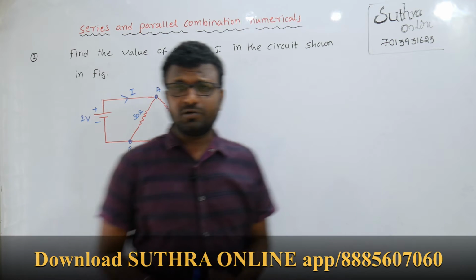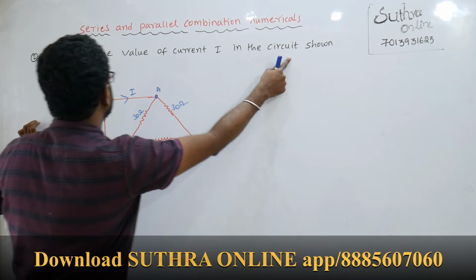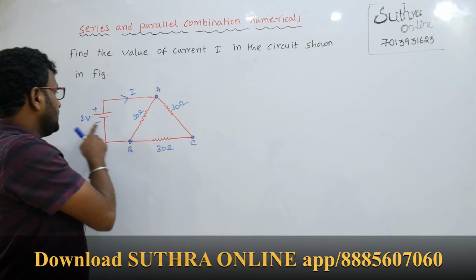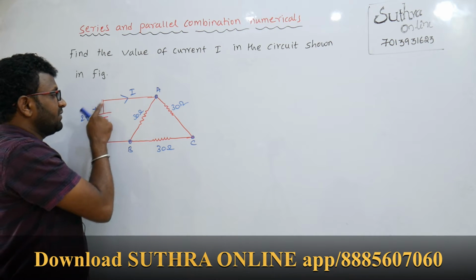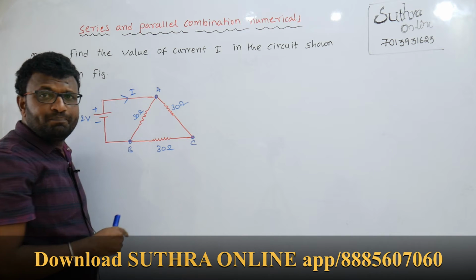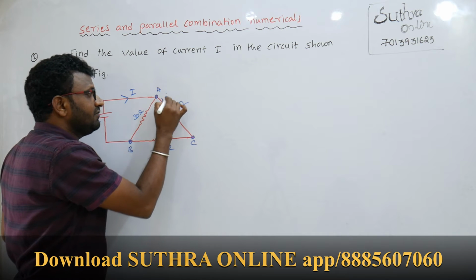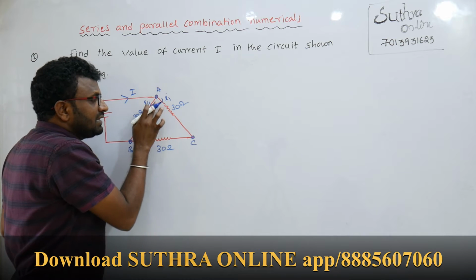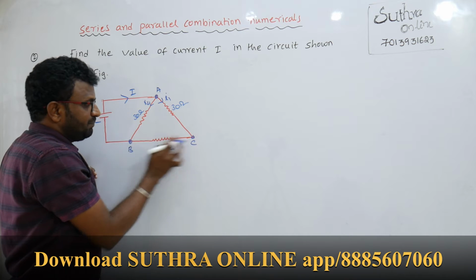Now, the second question. Find the value of current I in the circuit as shown in the figure. In this circuit, the potential is given as 2 volts and the current is coming from the battery. The current comes to point A, where it divides into two parts, I1 and I2. This I1 passes through arm ACB, and the current is the same from here to here.